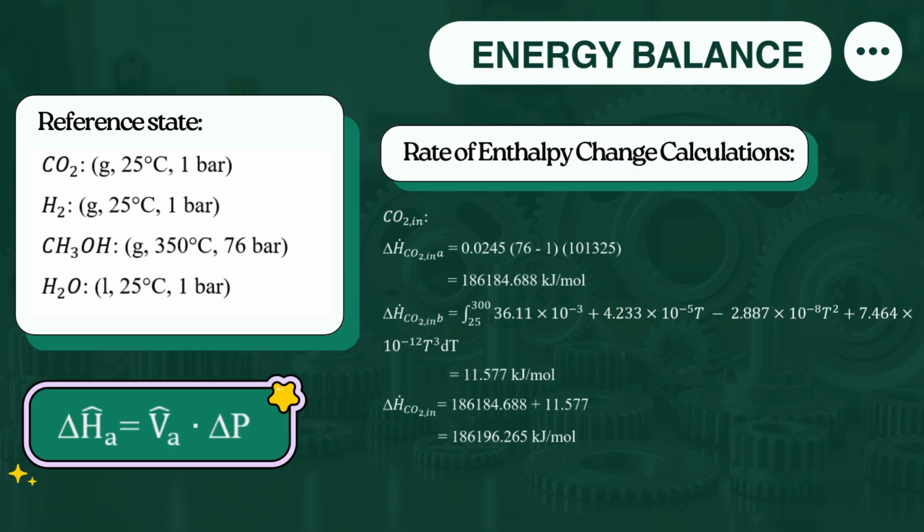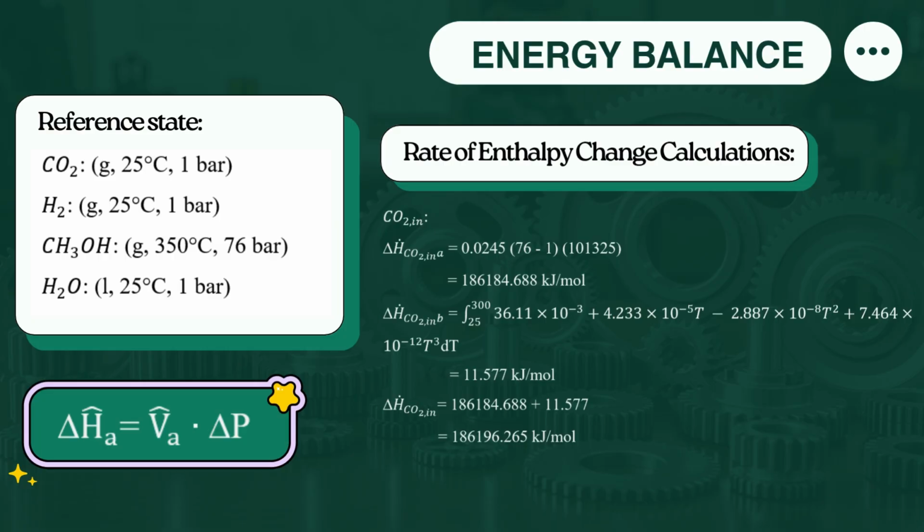After identifying my reference states, I then proceed to calculate the rate of enthalpy change for the carbon dioxide at the inlet. To do that, I first calculated the rate of enthalpy change when I changed the pressure from 1 bar to 76 bars, and then I calculated the rate of enthalpy change when I increased the temperature from 25 degrees Celsius to 300 degrees Celsius.